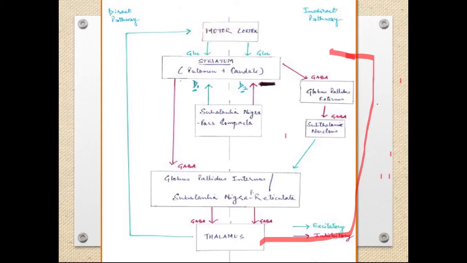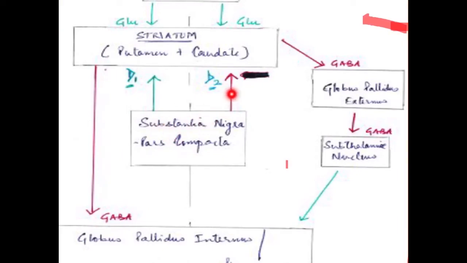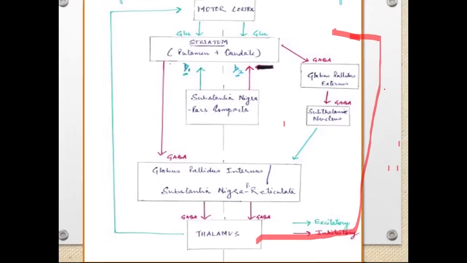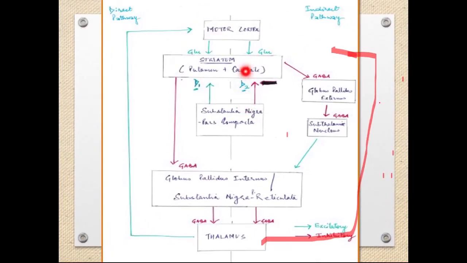The second pathway was, for the time being forget about this substantia nigra pars compacta part, forget about this connection. And the second part was the indirect pathway, right? So the indirect pathway is this one. From the cortex it goes to the striatum and it takes this route.